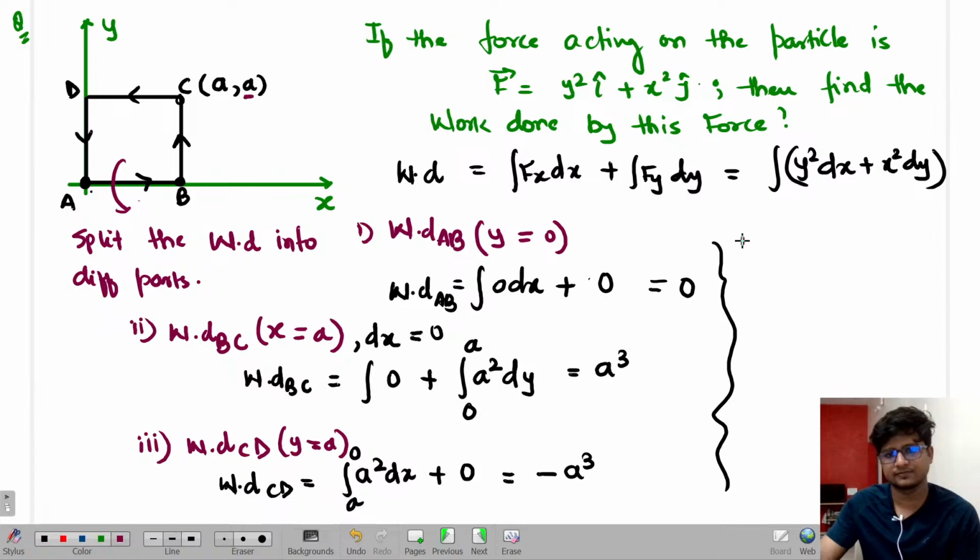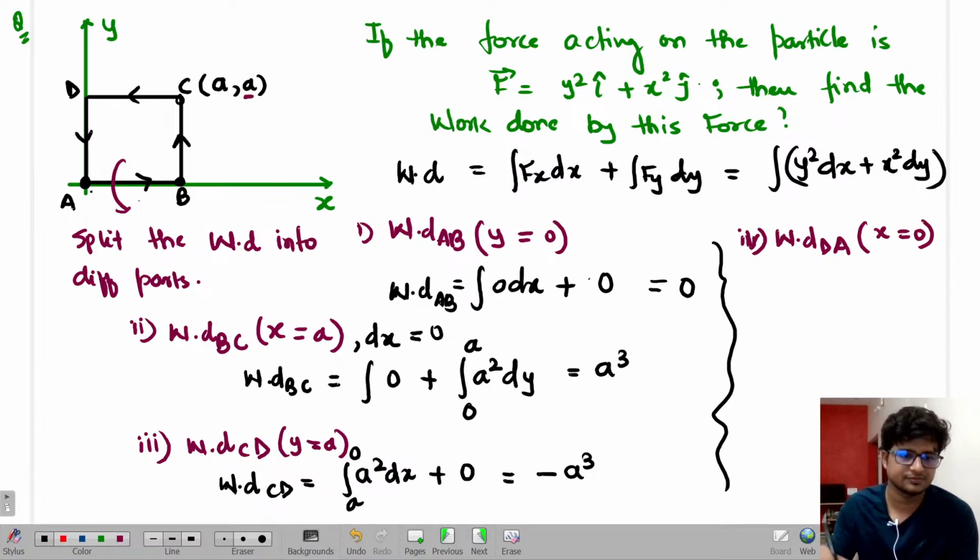Work done along dA. Now if I look into dA, its value of x is 0. So if I write its work done equation, what am I going to write?